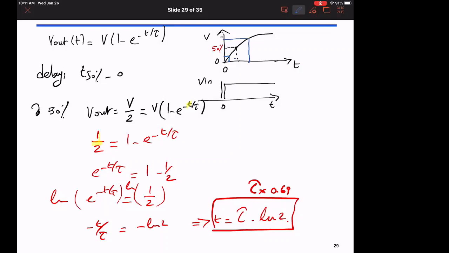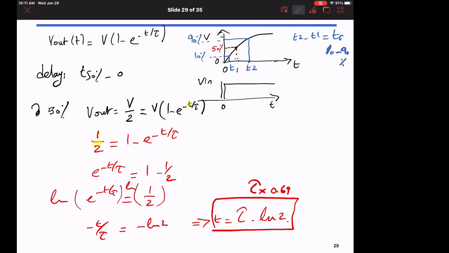This is the 10% and this is the 90%. We will call them T1 and T2. Then T2 minus T1 is the rise time, which takes us from 10 to 90%.